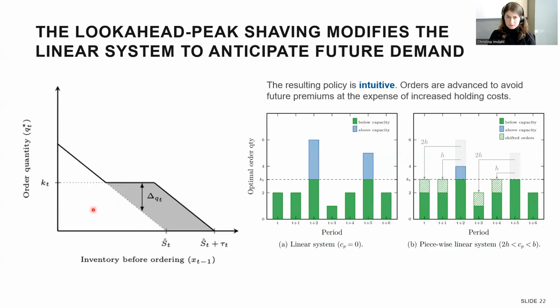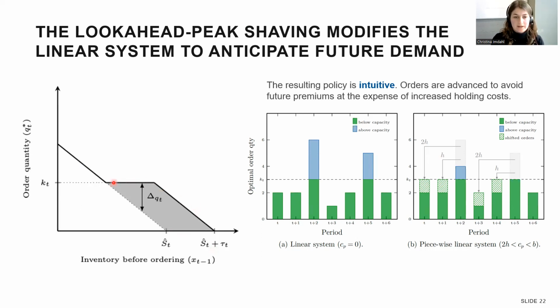The lookahead peak shaving policy actually modifies a linear system to anticipate future demand. What that means is, if you look at this here, just the straight line, that's the linear system. That's everything we would order in a linear system. But then under the capacity constraint, we use high inventory levels to still use the capacity to shift units from future periods to the current period.